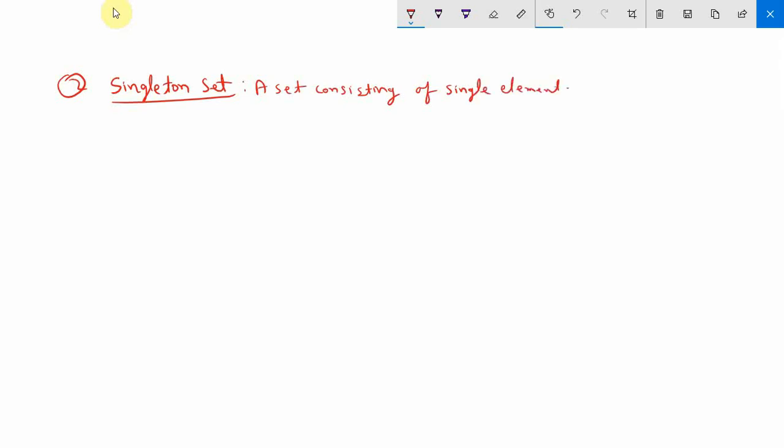What will be an example? If we write set A is equal to {5}, this is a singleton set. Another example, we may write B equal to {x such that x is an element of N and x square equal to 4}.